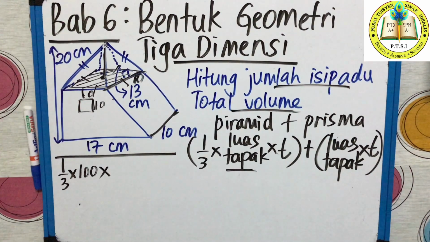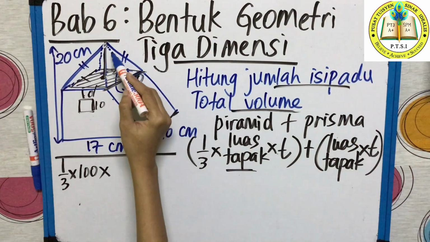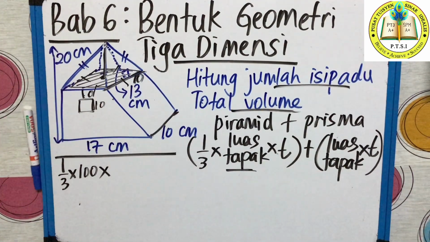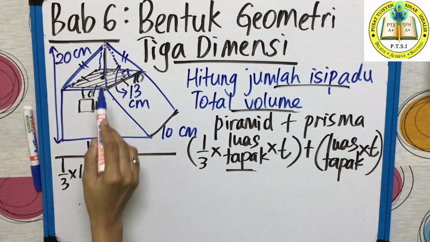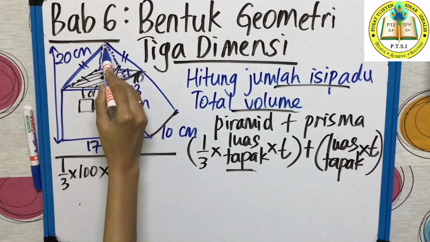So how will you get the height? Apa cara untuk mencari tinggi piramid? How? Class, you must do Pythagoras Theorem. You have to see very clearly there. Yang ini adalah 13. Okay? That one is the height of the triangle. Sekarang kamu nak cari tinggi piramid is in the center, right?